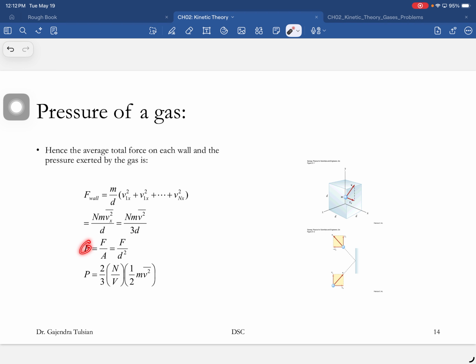The pressure is force divided by area of the wall. Area of the wall is d squared. So force divided by d squared, and the d cubed will give you the volume.